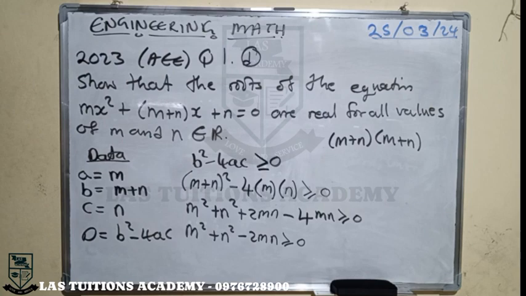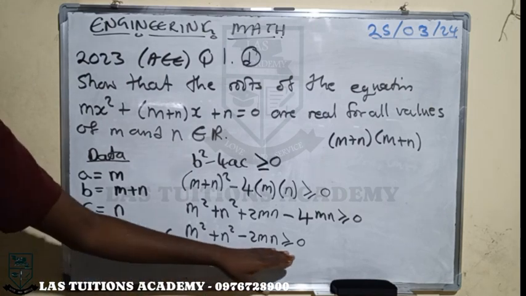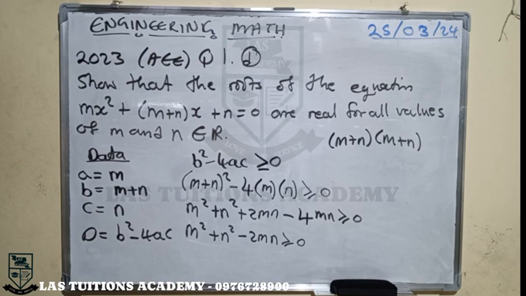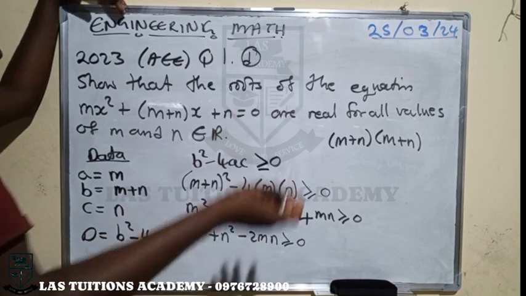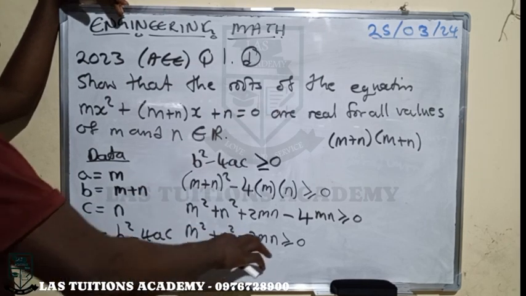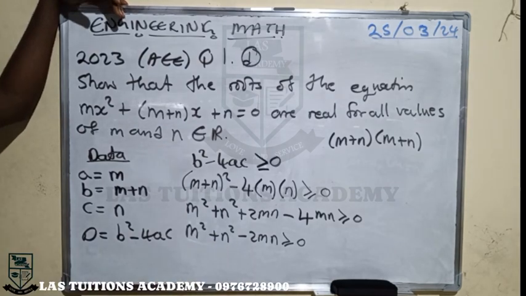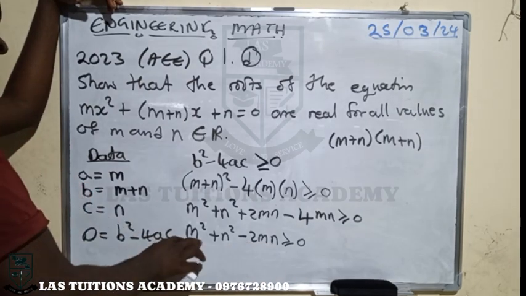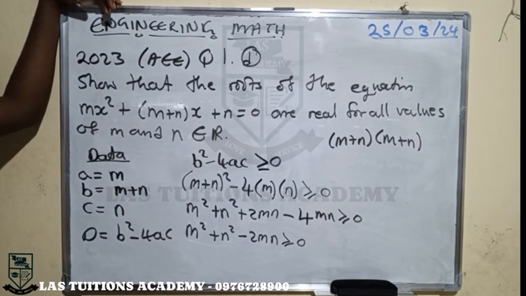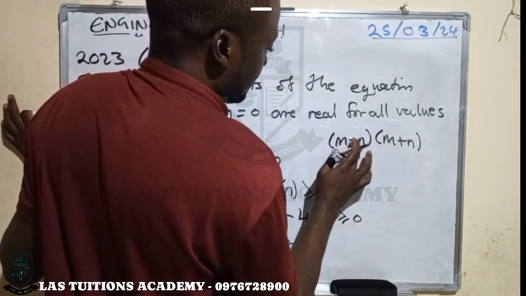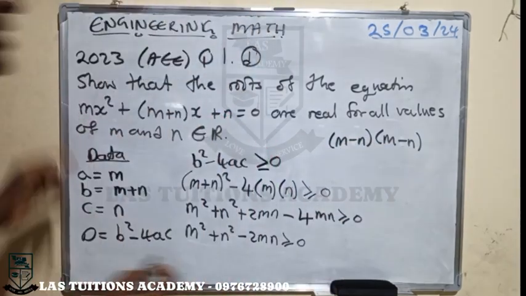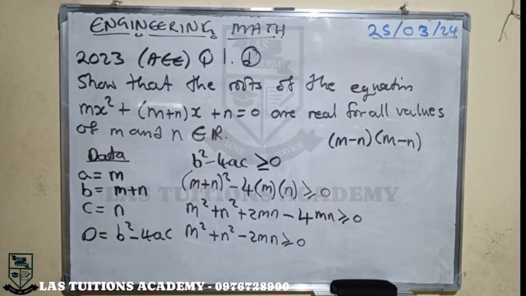So if you are going to use the completing the square method, having either your m as the variable of consideration, since it's squared, then minus 2mn, then plus n squared as a constant, or you use n as a variable of consideration, minus 2mn, with m squared as a constant, you are going to get (m minus n) in brackets, and again (m minus n) in brackets.